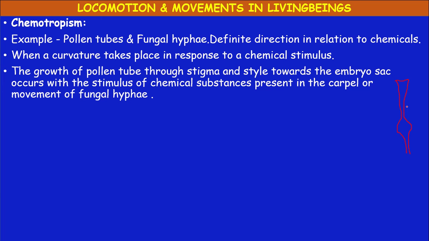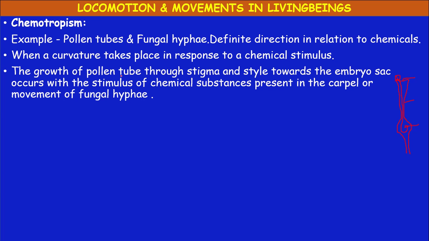Three parts are there. This is the stigma, this is the style, and this is the ovary. When the pollen grain, the male reproductive cell, reaches the stigma of a flower, it germinates to produce a tube like structure called the pollen tube. It is in response to chemicals. A good example of chemotropism.